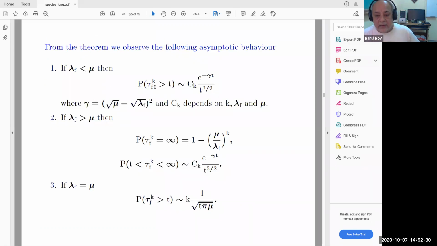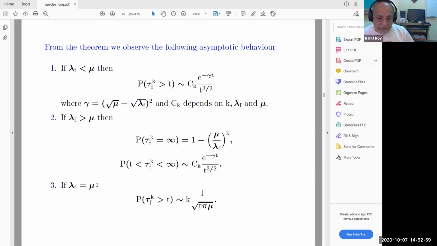the probability that the time of survival is bigger than t decays exponentially in this fashion. And if lambda_f is bigger than mu, then the probability of eventual immortality, basically that the species with fitness f lives forever, has this probability. And also the tail between tau k and t behaves in this fashion.